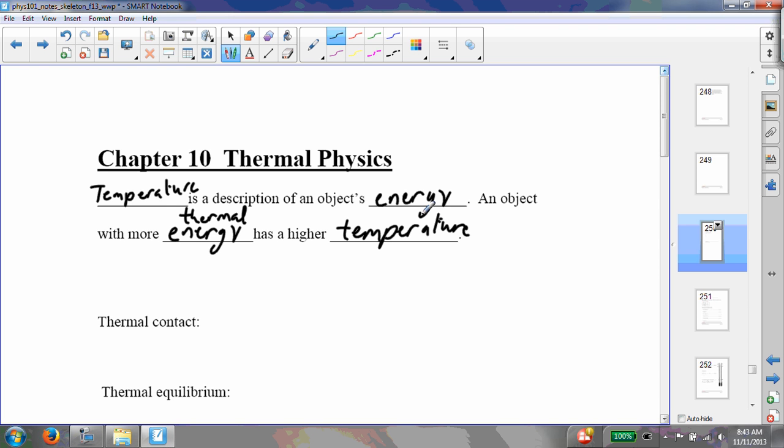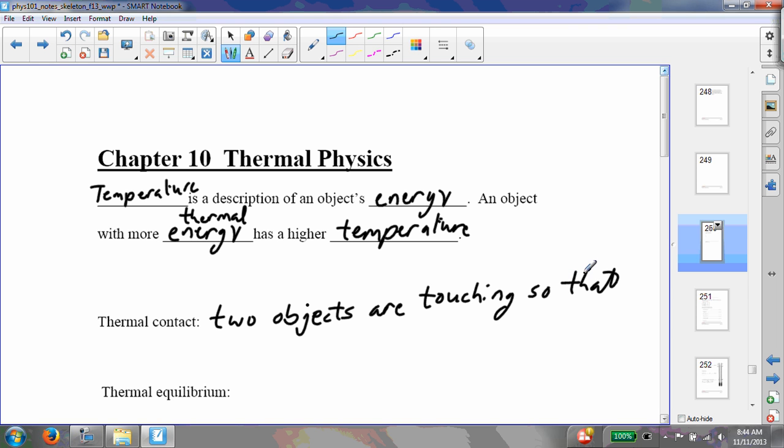When I talk about thermal contact, it just means that two or more objects are touching such that energy can be transferred between them.